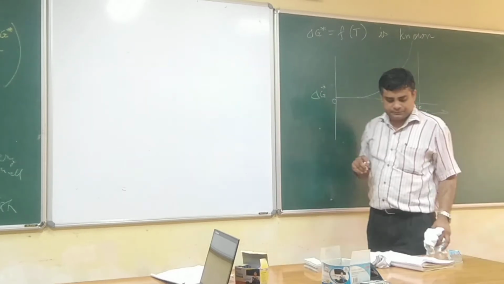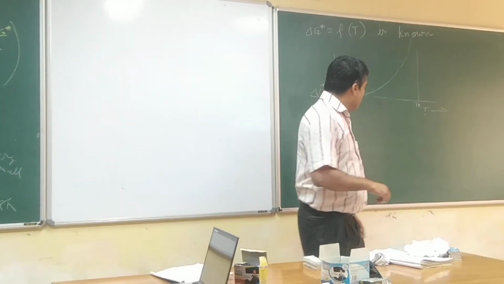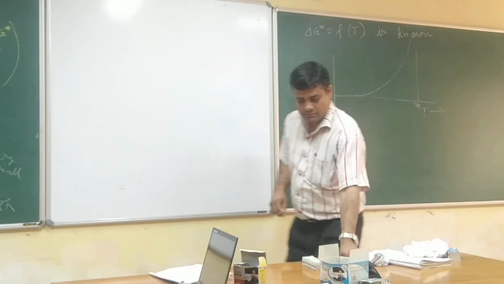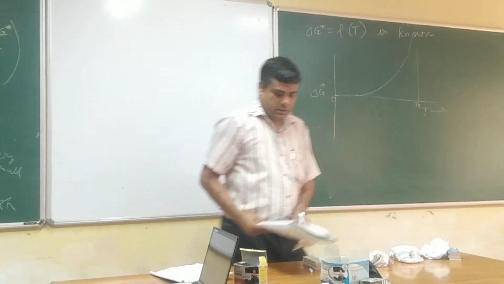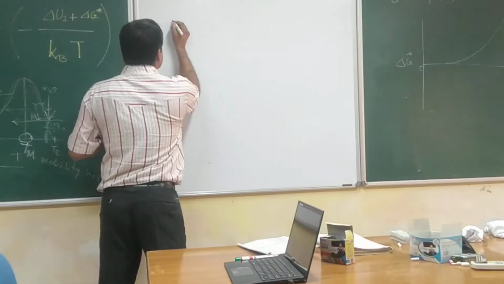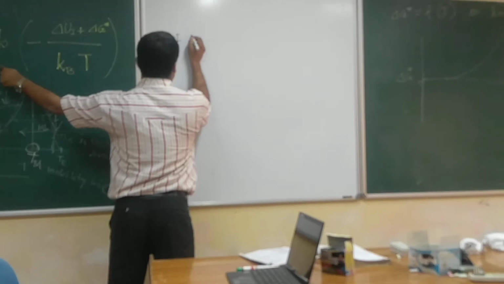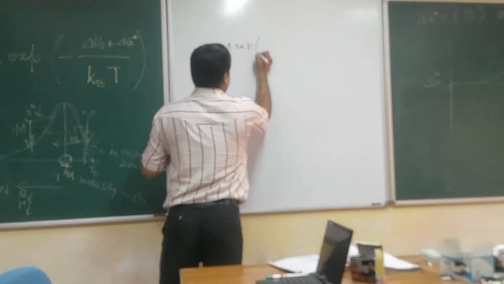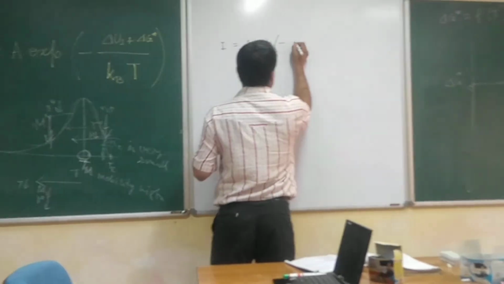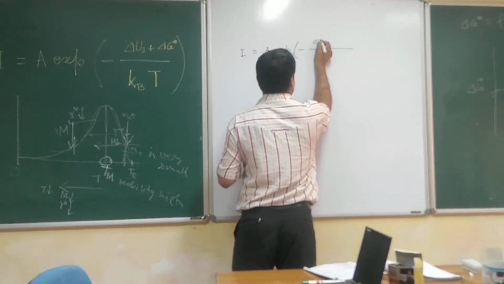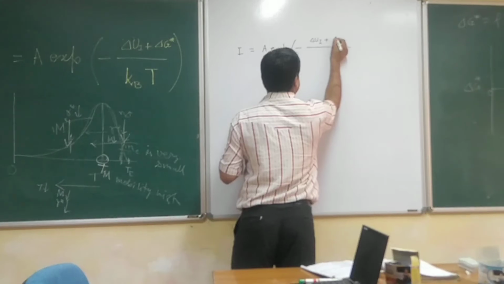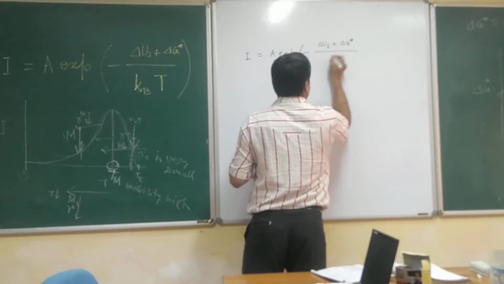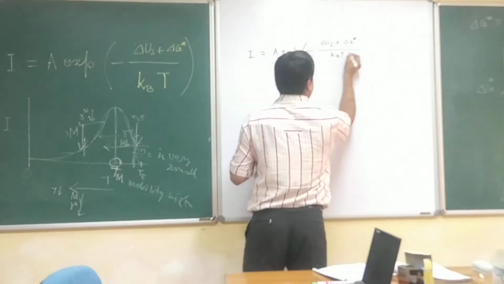So if you know this and you know your equation of nucleation rate, which is given by I equal to A exponential minus delta Ui plus delta G star over kT.